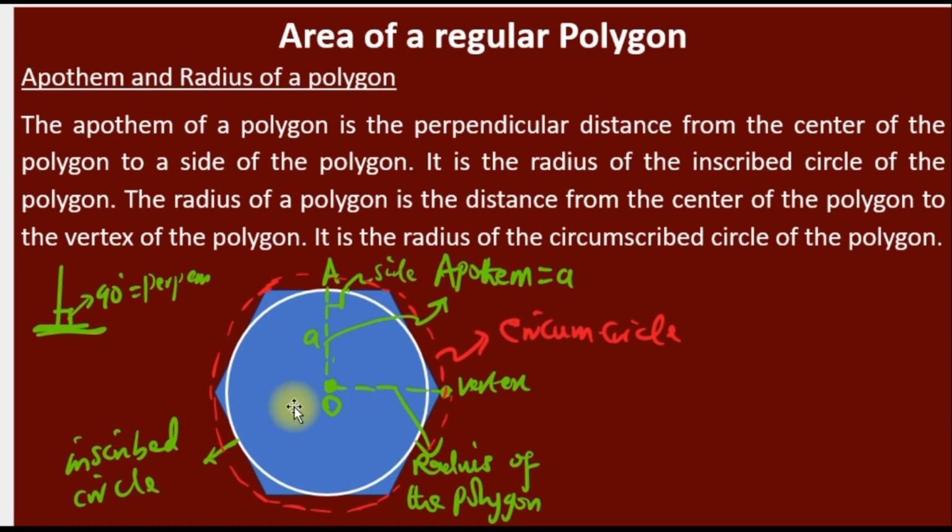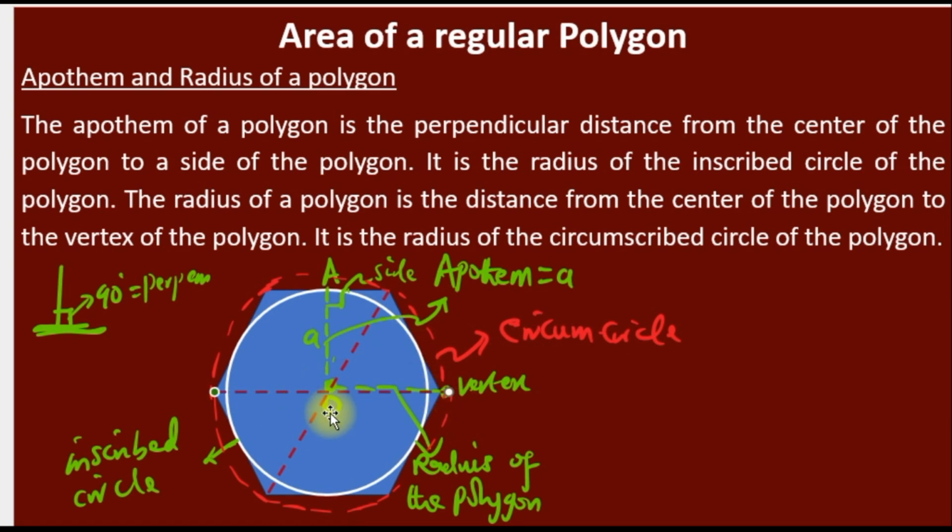And we need to get a formula for the area. I will use a regular hexagon to prove that. If I join the vertices, you will notice that we form 6 equilateral triangles.